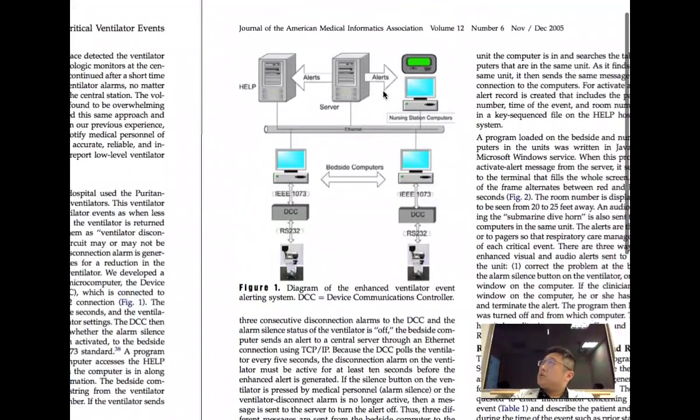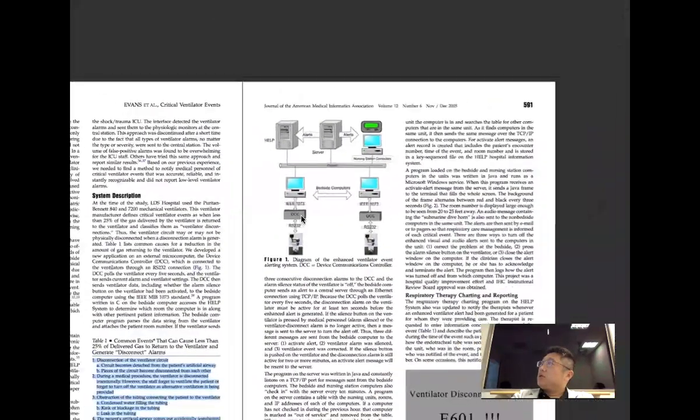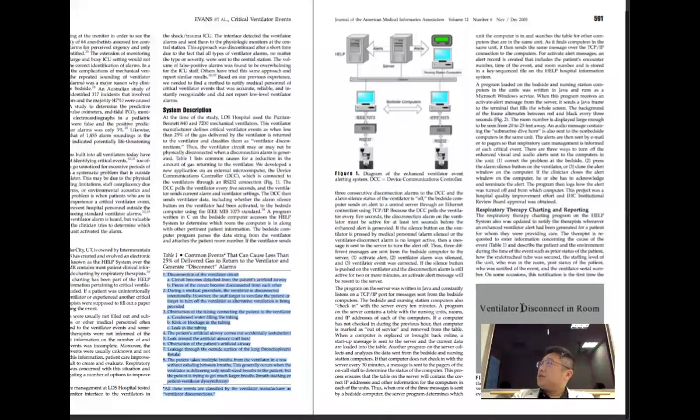With the help system, everything is connected to the internet. If they get an alarm alert, they will shut down all the computers, and you can see the ventilator disconnection in the room.